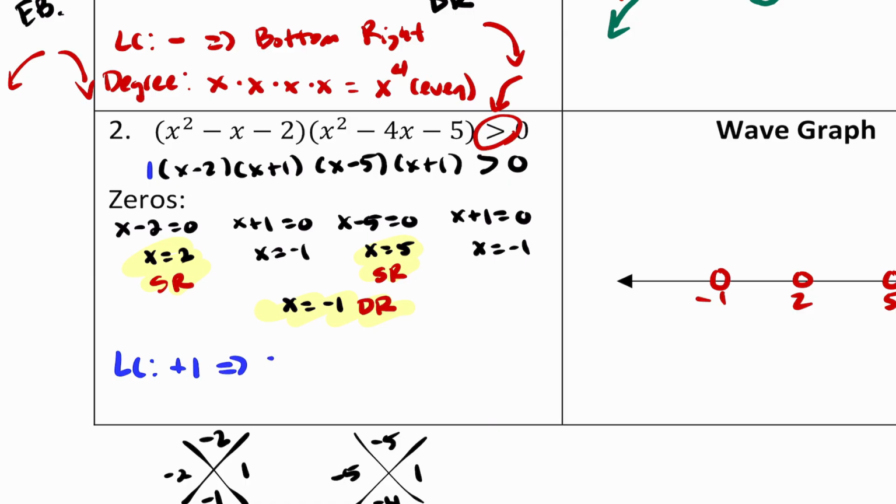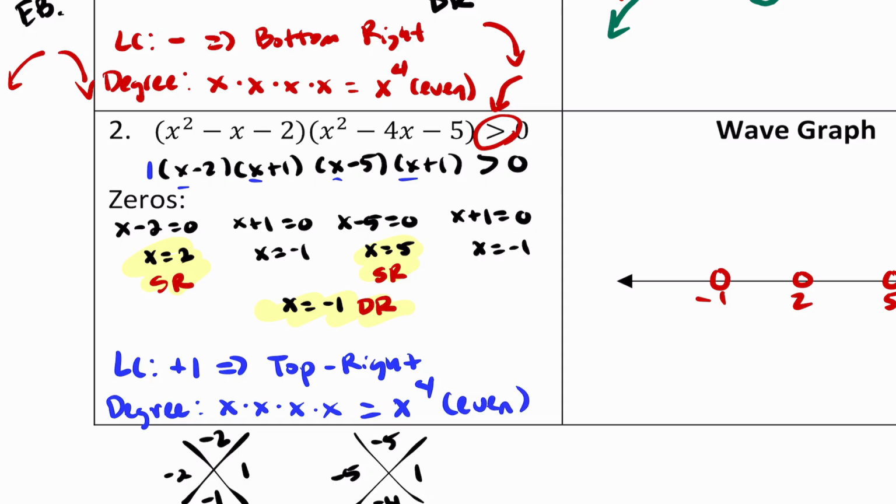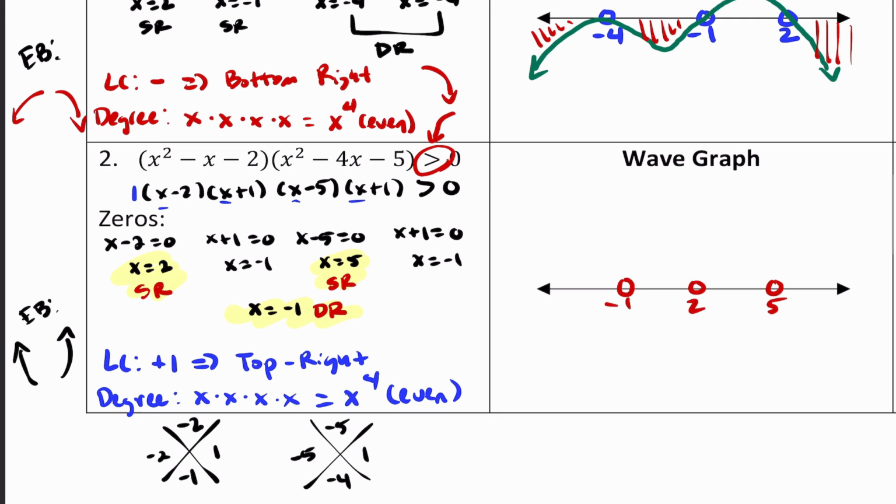So we need to start top right. And then I'm going to multiply all of these x's together. So the degree is x times x times x times x, which is x to the 4th. So that's even. So that means both of these ends should be the same. So it should look something like this, okay?